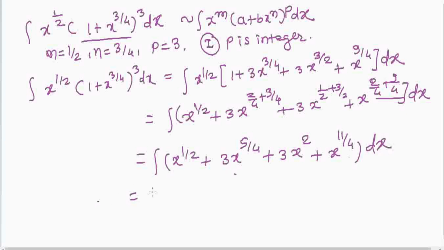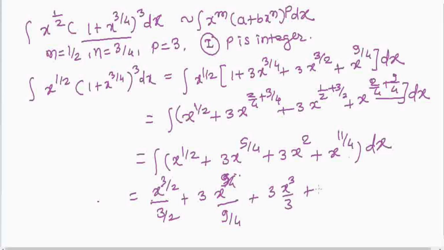The integration of x raised to 1 by 2 is x raised to 3 by 2 divided by 3 by 2, plus 3 into x raised to (5 by 4 plus 1), that is 9 by 4, divided by 9 by 4, plus 3 into x cube divided by 3, plus x raised to (11 by 4 plus 1), that is 15 by 4, divided by 15 by 4.